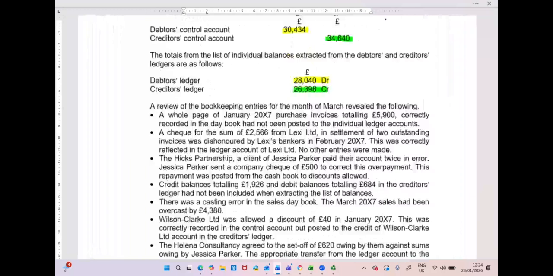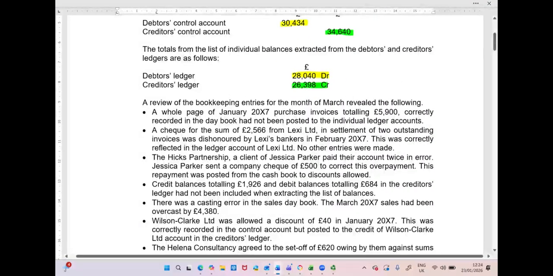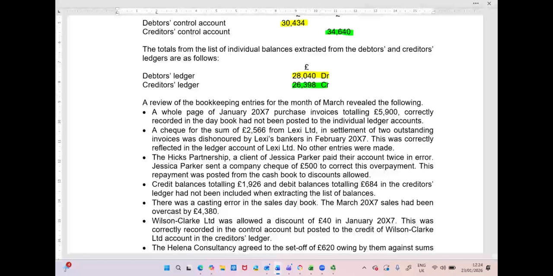Then the first transaction is telling me that the whole page of January 2007 purchase invoices totaling 5,900, correctly recorded in the day book, had not been posted to the individual ledgers. So whenever you're doing this question, you need to think that you are a manager who is fixing the problems of a junior accountant or a trainee accountant who has made these mistakes.